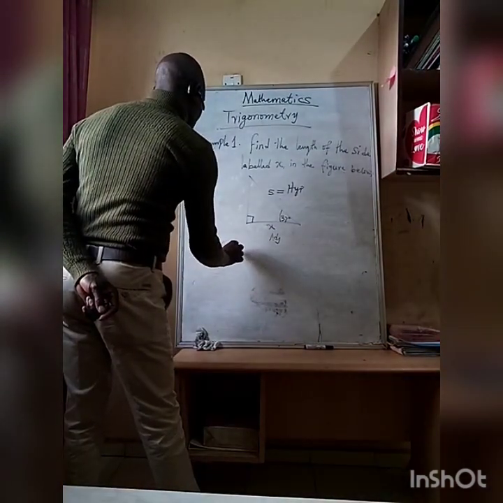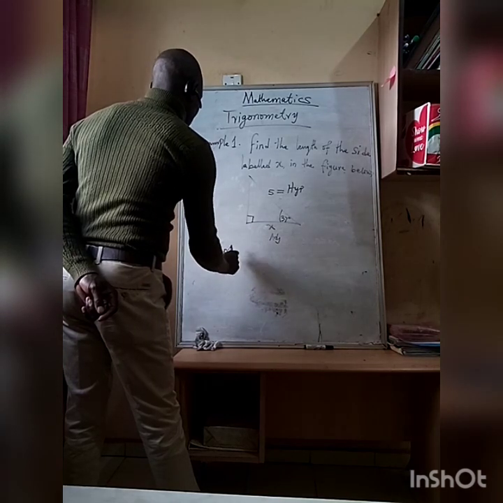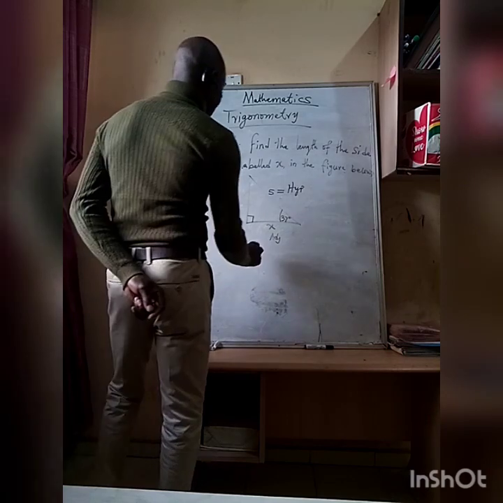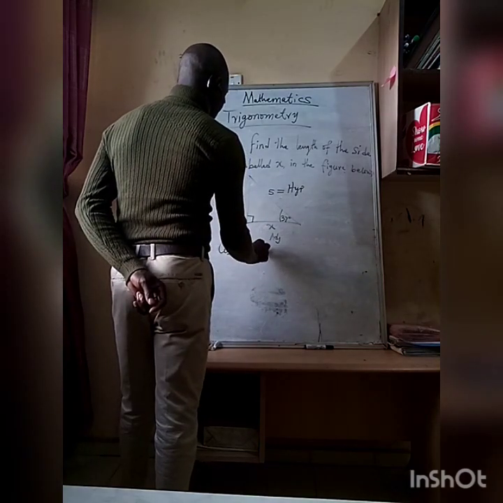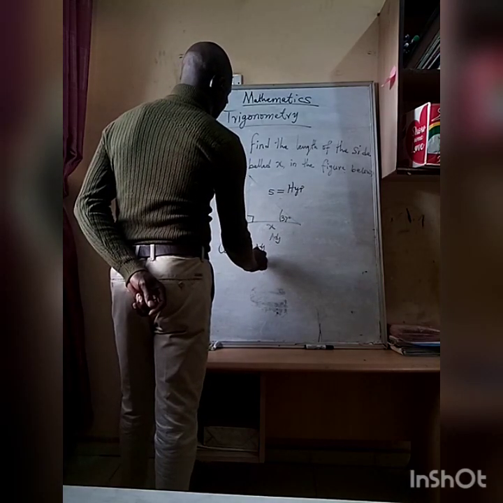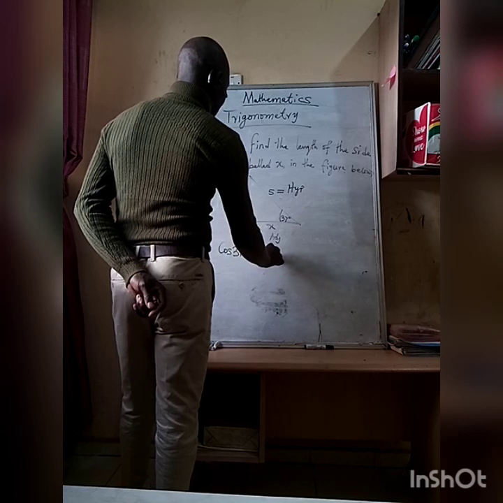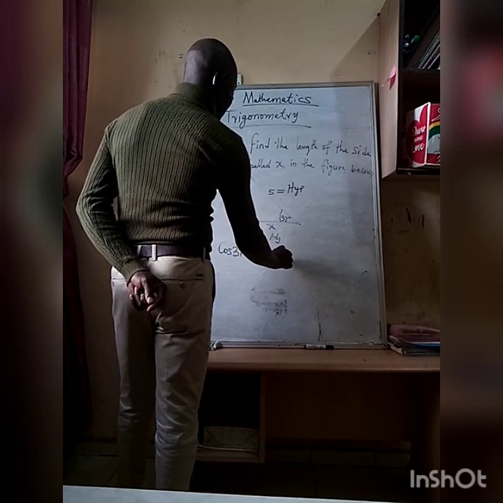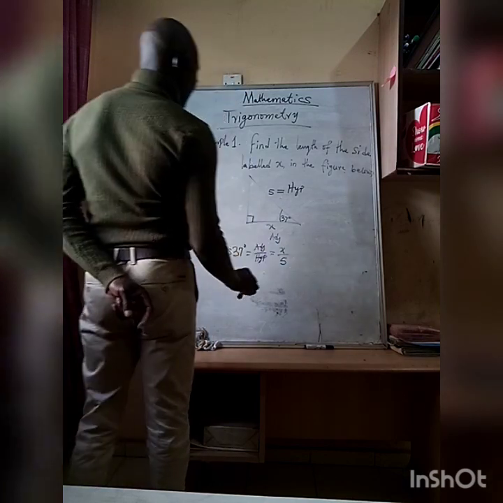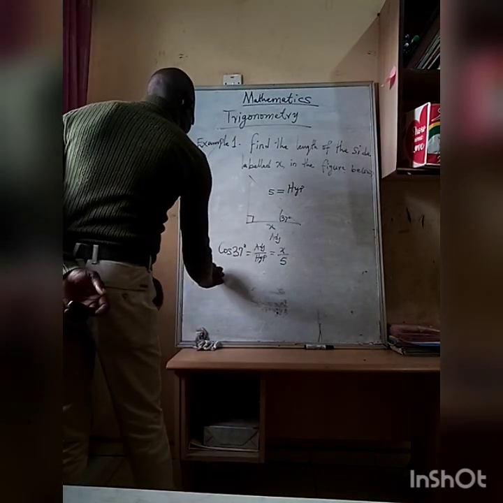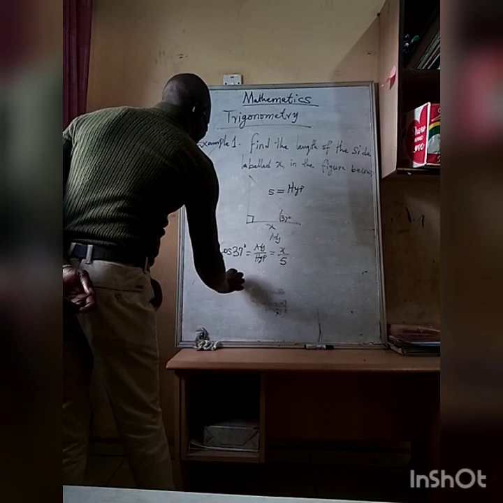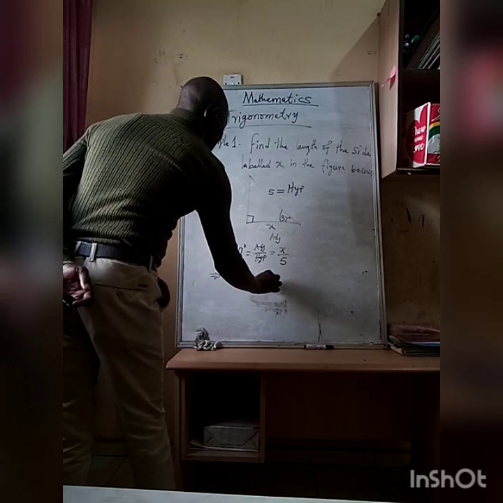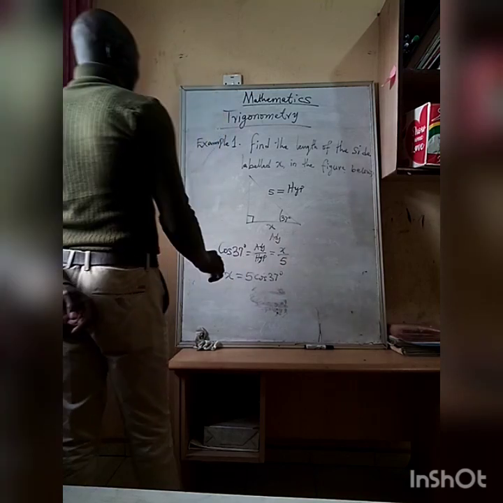So we say cos 37 degrees is equal to adjacent over hypotenuse equals x over 5. It implies that x is equal to 5 cos 37 degrees.